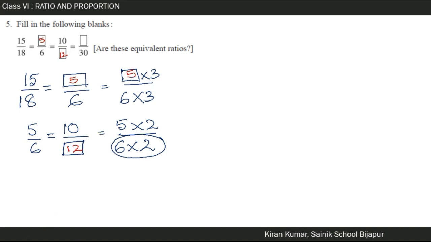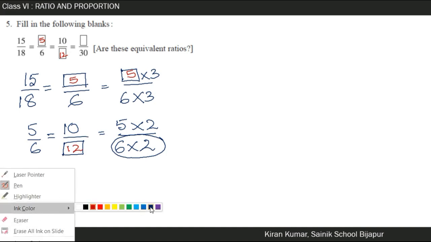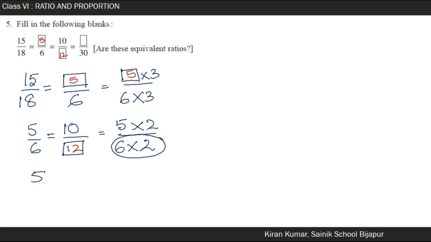Now let me consider again 5 by 6. This is equal to blank upon 30. We all know that when 6 is multiplied by 5, we will get 30. So 5 has to be multiplied by 5.